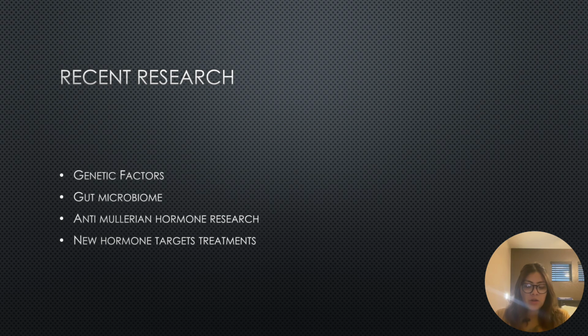Researchers are also looking at anti-Mullerian hormone, or AMH, because women with PCOS often have high levels of it, and it may play a role in stopping follicles from ovulating. New treatment plans are being developed that target androgen production and insulin pathways, so it gives us hope for more effective therapies in the future other than the ones we just discussed.